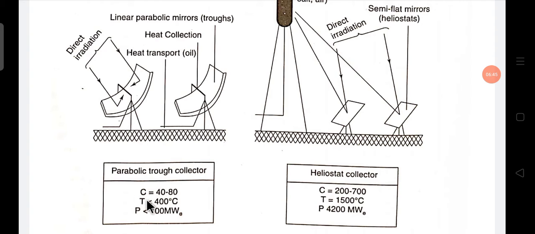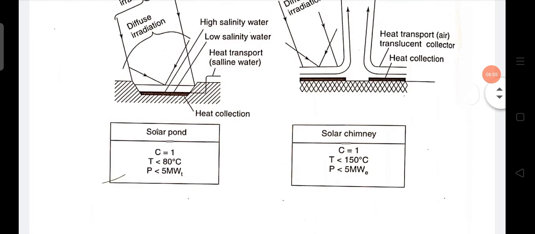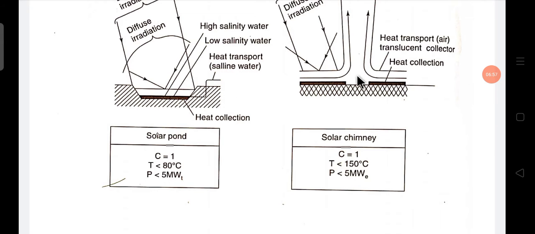And here C is 40 to 80. This is a concentrating collector, whereas the previous two are non-concentrating collectors, which is why their concentrating power is less, 1.